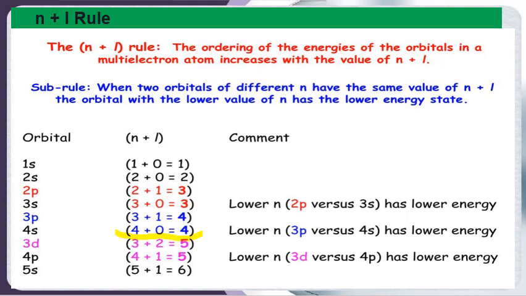So what you have to do? You have to fill 3p first as it has the lower n. Right? Same as for 3d and 4p. So this is the order that the n plus l rule will tell you according to energy, which orbital will be filled first. The orbital which carries the lower n plus l value will be the first one to get electrons.